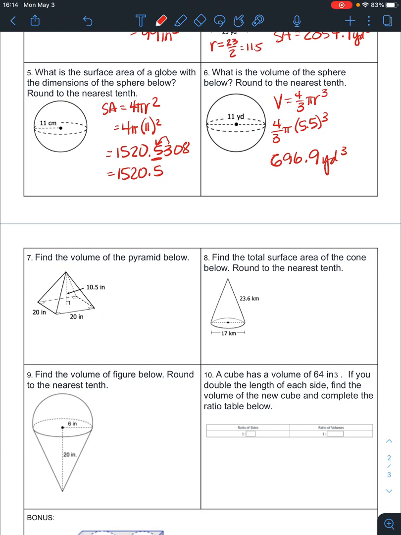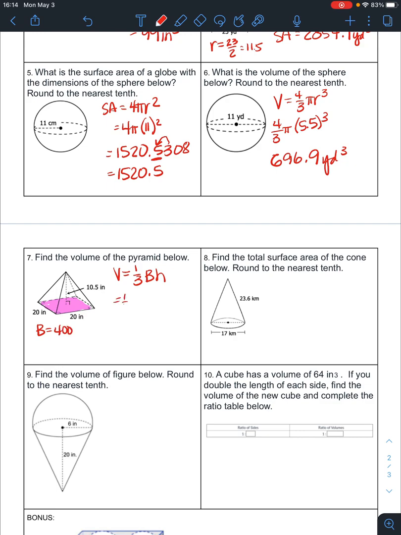So number 7, the volume of the pyramid below. So the volume of a pyramid, if you look it up on your formula chart, is 1/3 the area of the base times the height. Well, the base is a square. So the area of the base is 20 times 20, which is 400.